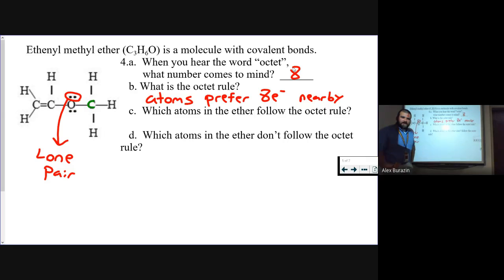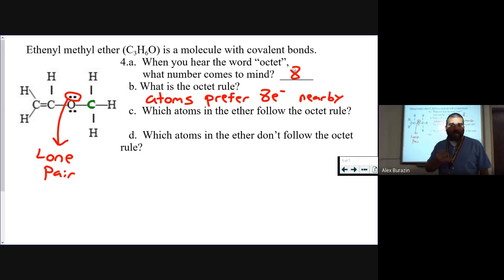Each of those covalent bonds holds 2 electrons. So in total, nearby that carbon, it has 2, 4, 6, 8 electrons. This is what the octet rule is. The octet rule says that in order for a molecule to be stable, or atoms within a molecule to be stable, they generally have 8 electrons nearby. This carbon that we just looked at has 4 bonds. Each bond has 2 electrons. It satisfies the octet rule, is the way you could think of that.